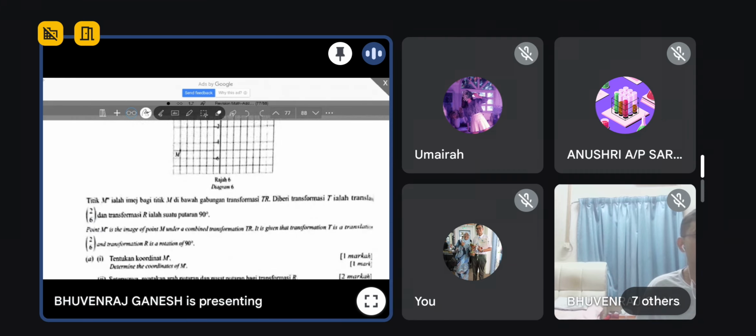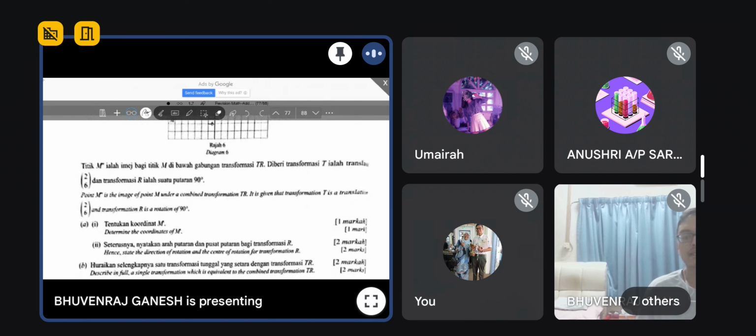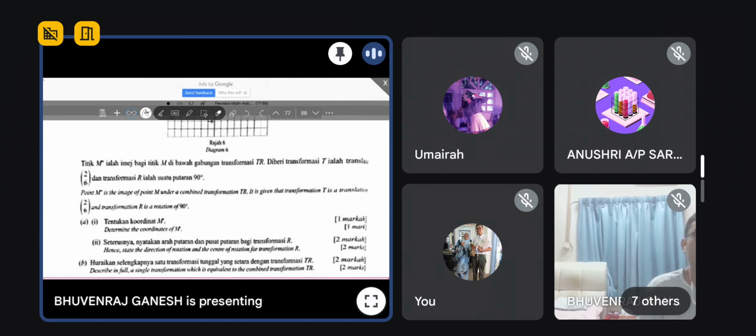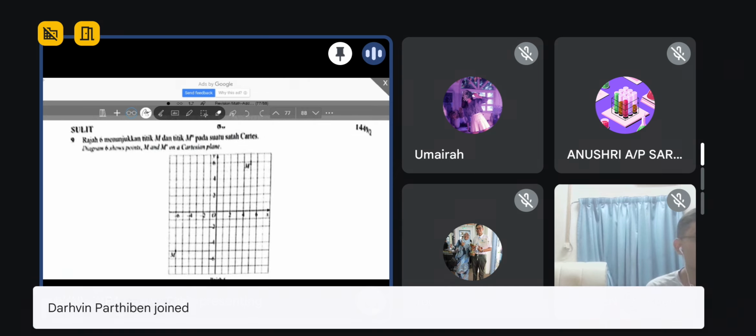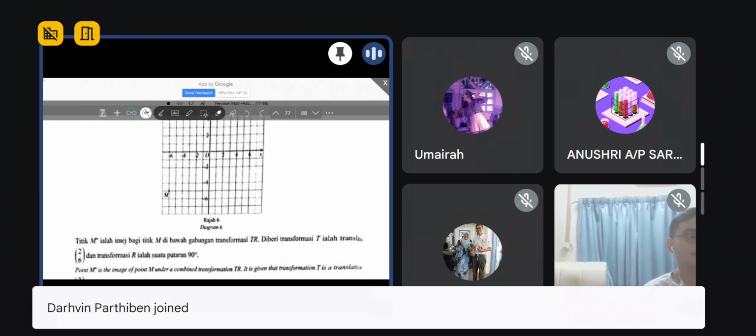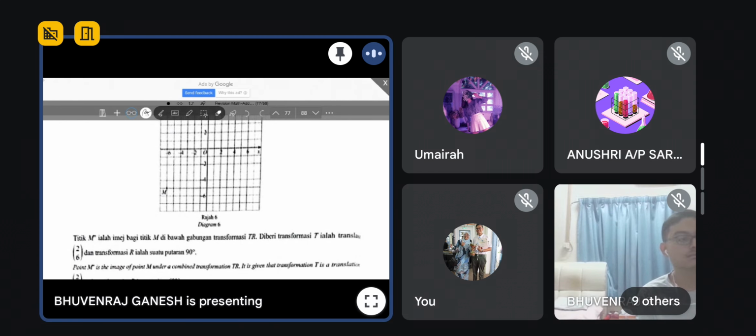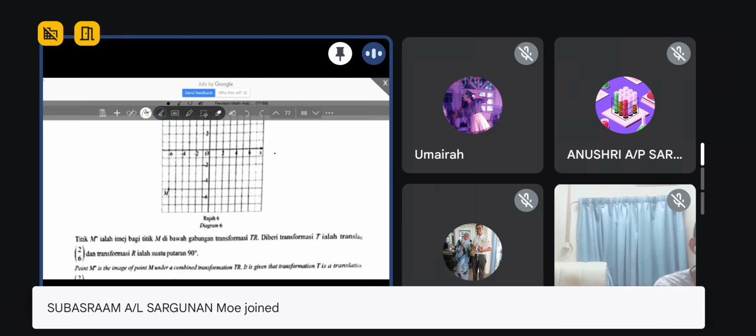Okay, because soalan ni tak tanya pembesaran. There is no enlargement and there is no combined transformation. Tak ada transformasi yang bergabung. Okay, so first question. Mereka kata titik M ialah image, titik M prime prime ialah image bagi titik M. Okay, so the scenario is like this.